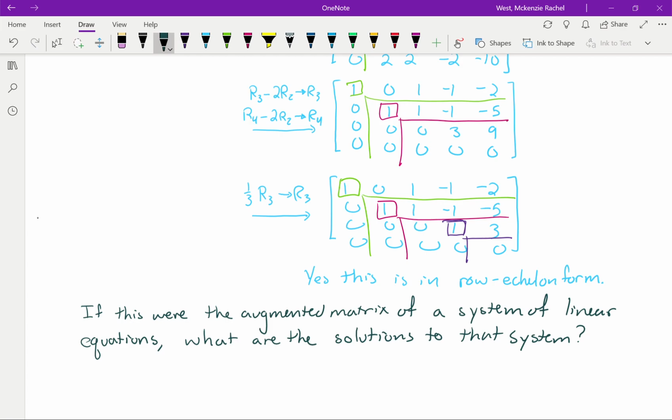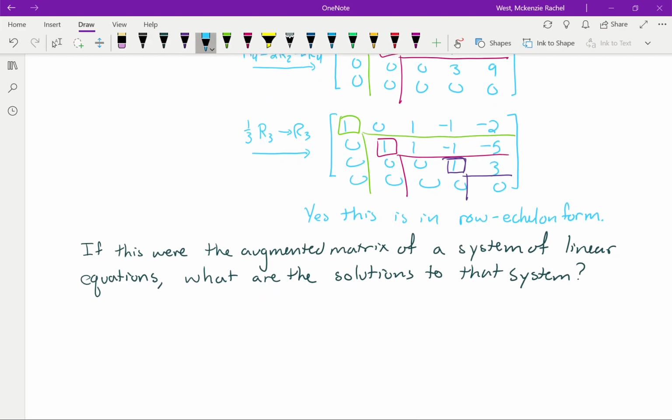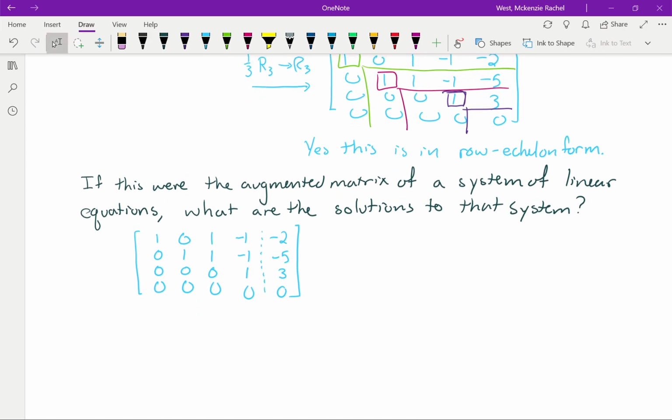Alright, so let's go ahead and rewrite our matrix just to clean it up a little bit and write down our solutions. Alright. So we can add in our dotted vertical line to indicate the equal signs.